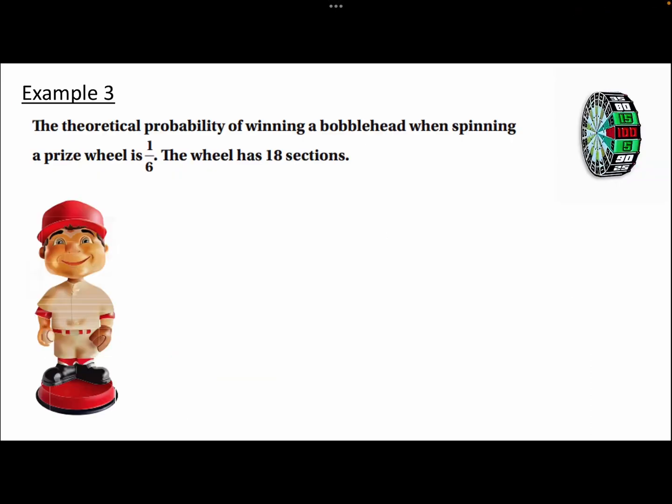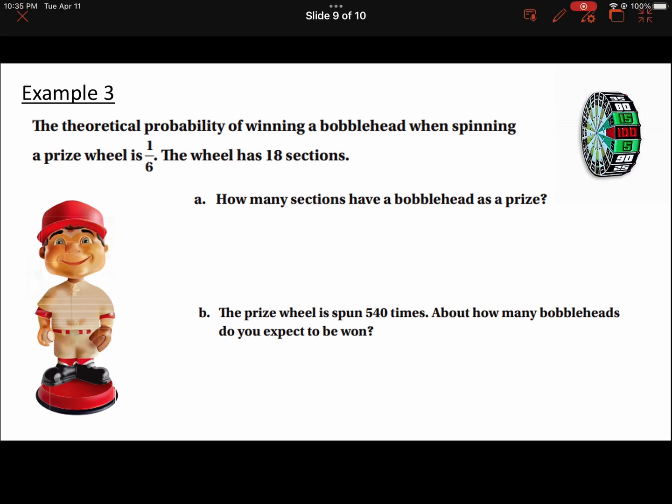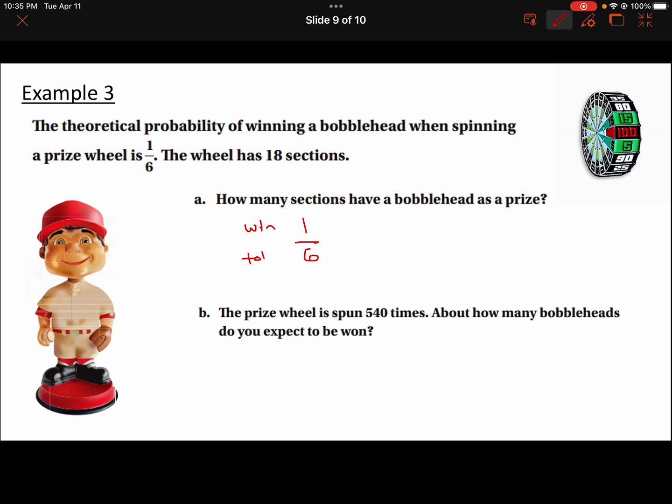All right, so we have this bobblehead, and it says the theoretical probability of winning a bobblehead when spinning a prize wheel is 1 in 6. The wheel has 18 sections. For A, it's going to ask us how many sections have a prize. So in this case, it's 1 out of every 6. Well, the 1 represents the number of wins, and this would be the number of sections on the wheel.